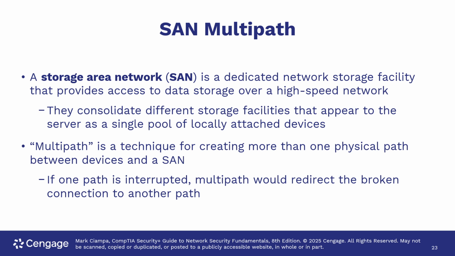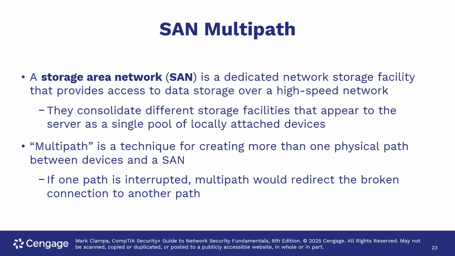Okay, so on our hard drives, if you put them out on the server, you have what's called a storage area network. It's a dedicated network storage facility that provides access to data storage over high-speed networks. For instance, you might see what's called a network attached server, or another computer that has a server or a drive attached to it that's just serving the needs of the network.